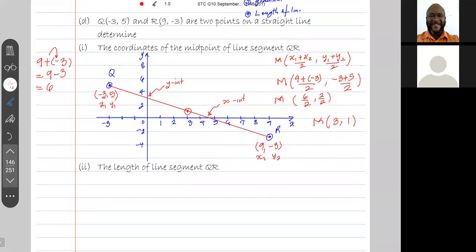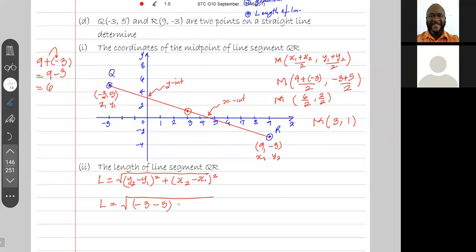The length of the line, L, is the square root of y2 minus y1 squared plus x2 minus x1 squared. All right, y2 is minus 3, minus y1, which is 5.